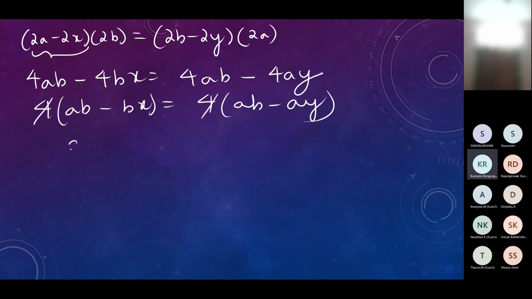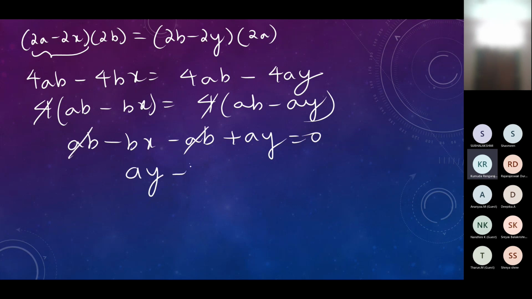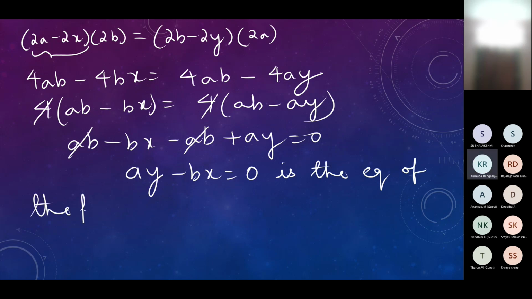Now bring all the terms to one side. AB minus BX minus AB plus AY is equal to 0. So this gets cancelled. So AY minus BX is equal to 0 is the equation of the perpendicular bisector of PQ.